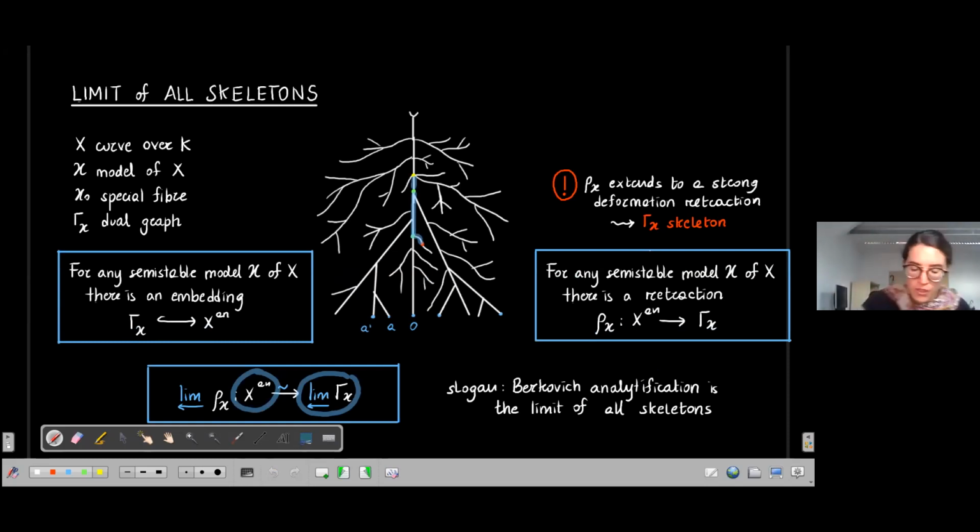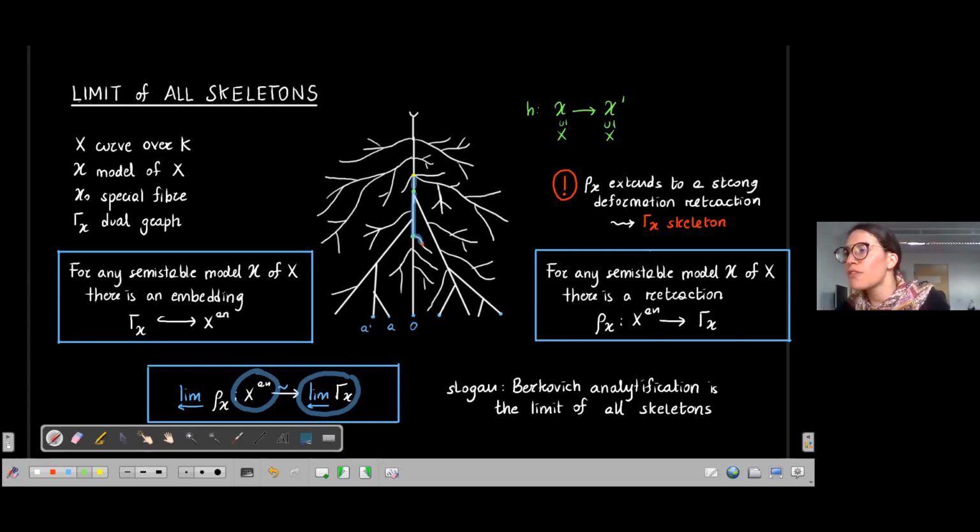So when you have a model curly X and a model curly X prime, you say the one dominates the other when you can write a map between the two such that it gives an isomorphism of the curve X that sits inside the model. Then when you have a domination of models, you will also have an induced map from one skeleton to the other. And this will be the one that you will use to relate the different skeletons.